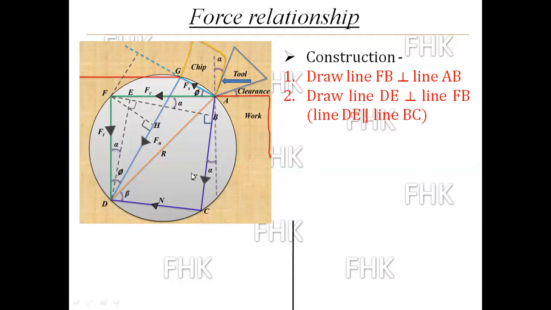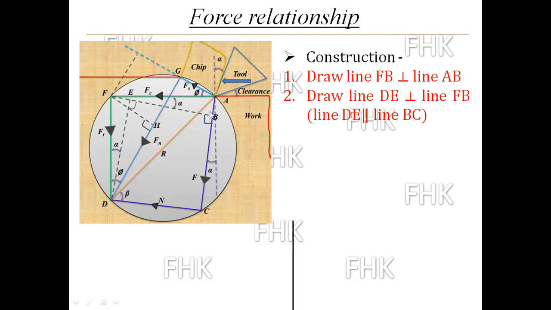For finding the value of F, first of all, I do one construction in the merchant circle: I will draw the line FB. I will draw the construction line FB, which is perpendicular to AC, and which will meet at point B on line AC. So FB is perpendicular to AC, or you can say AB.